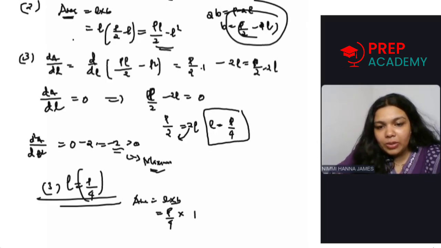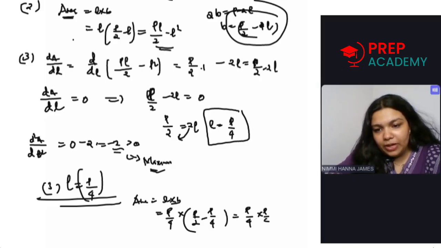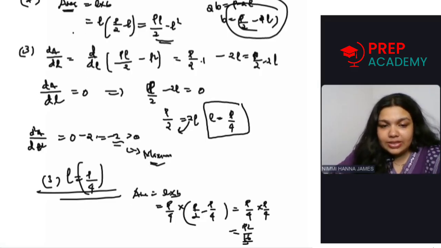So P by 2 minus L is now P by 2 minus P by 4. Taking the LCM here, we get P by 4 into (2P minus P) by 4. So that is P square by 16. That is the answer.